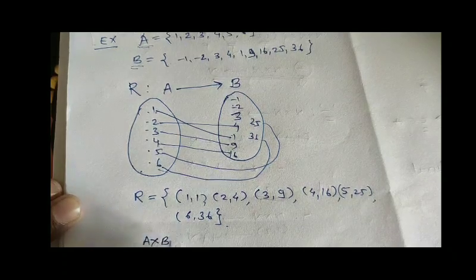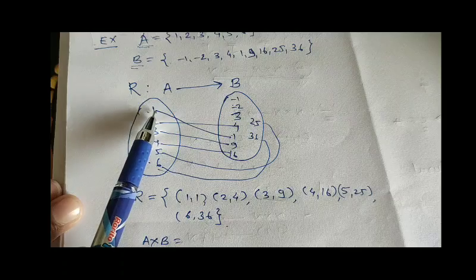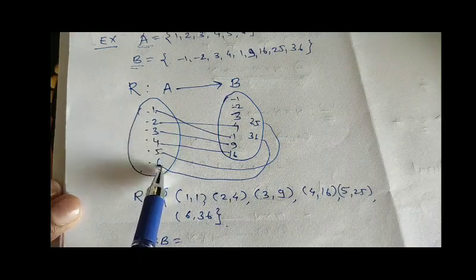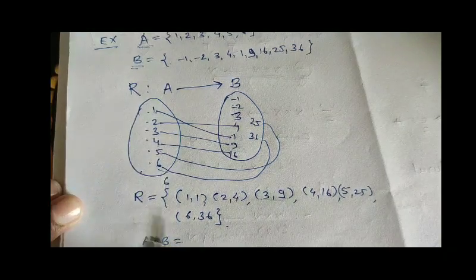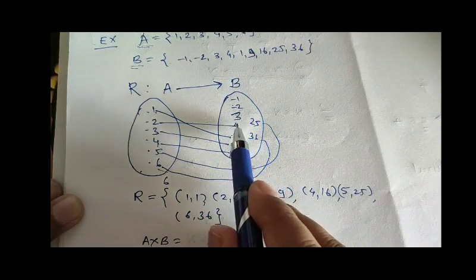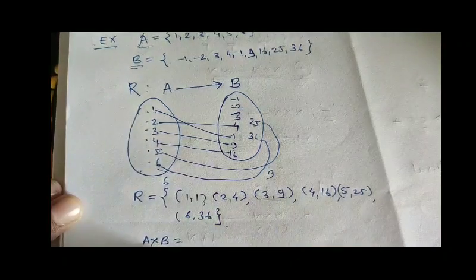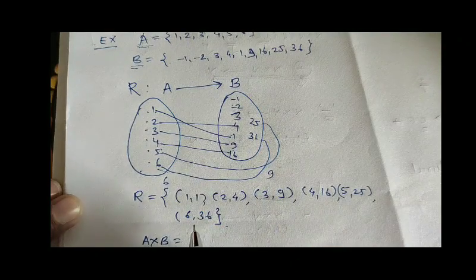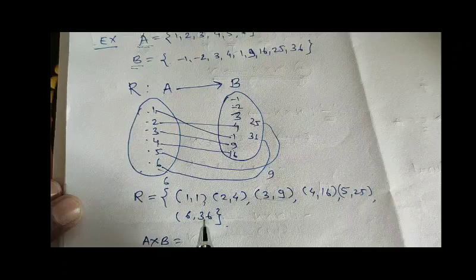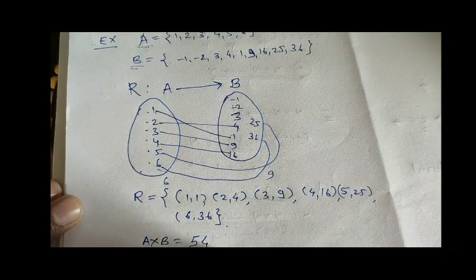What is A cross B? In A cross B, how many elements should be there? In set A there are 6 elements, and in set B there are 9 elements. So in A cross B there are the product of 6 and 9, 54 elements.